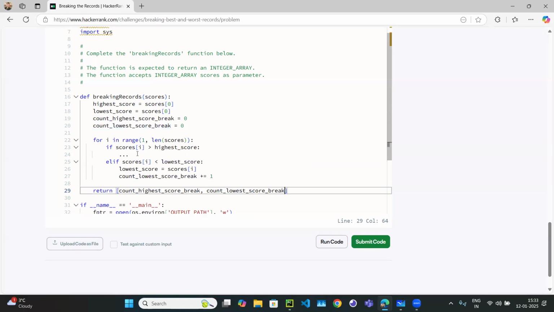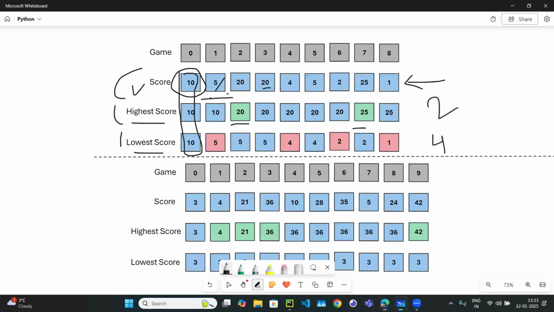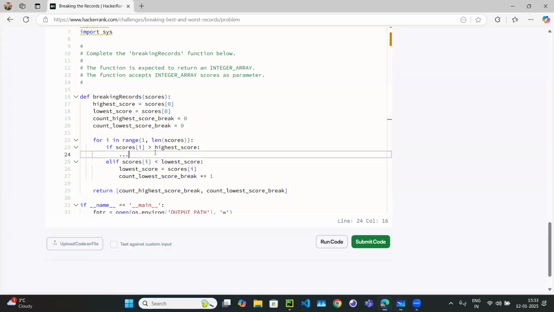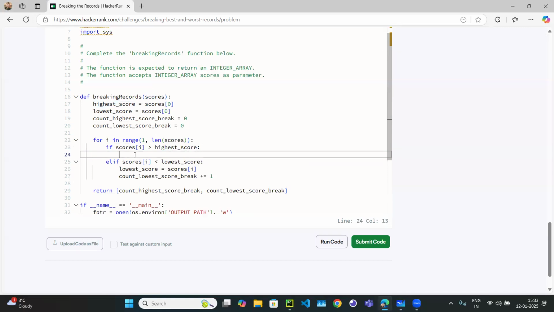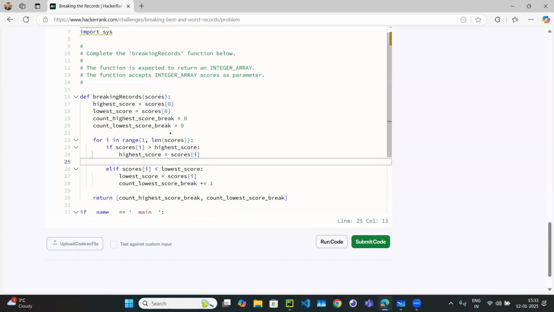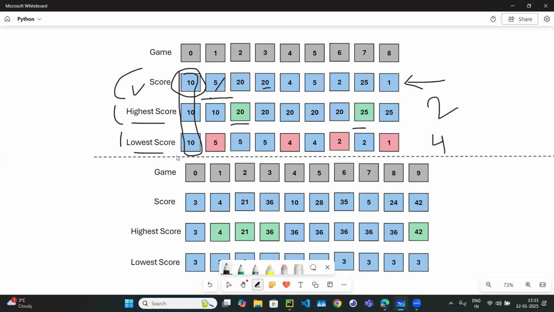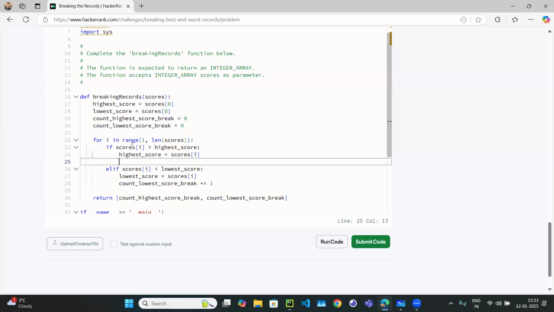Okay, and here, let's go to 20. Is 20 greater than the highest score? Yes. So the new highest score is scores of i. Did she break that highest score? Yes. So count of highest score break plus equals 1.